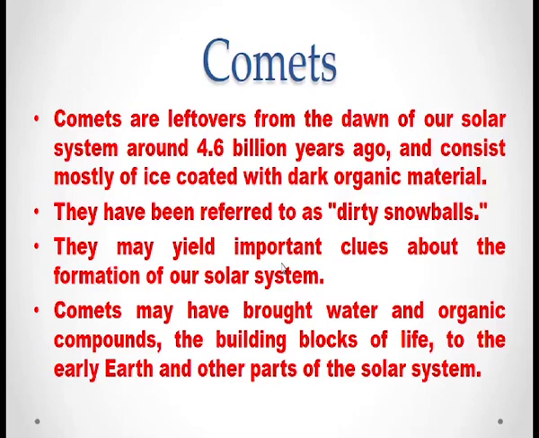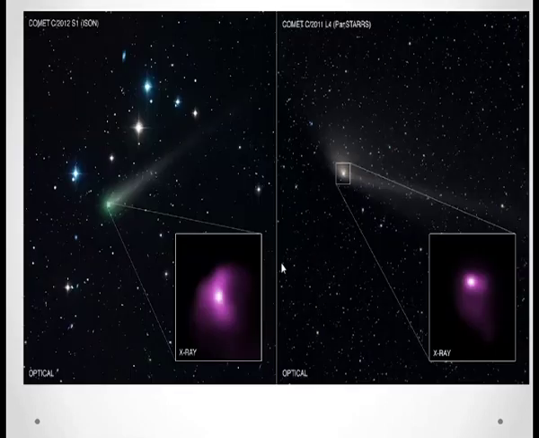These comets are referred to as dirty snowballs. People believe that comets will yield clues about the formation of life in our solar system and the formation of our solar system itself. Comets may have brought water and organic compounds, the building blocks of life, to the early Earth and other parts of the solar system.